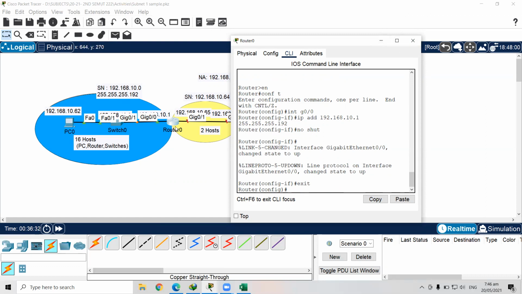Sa kabila naman, sa serial naman, sa gigabit pa din. This is gigabit 0/1.